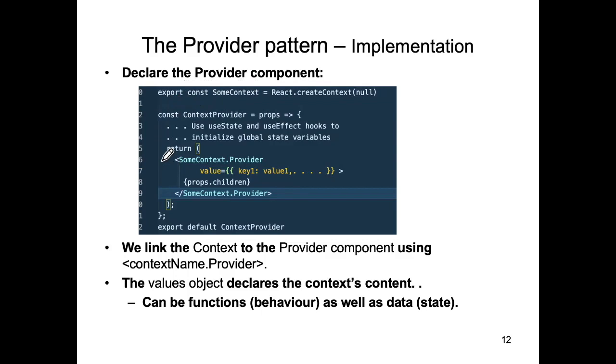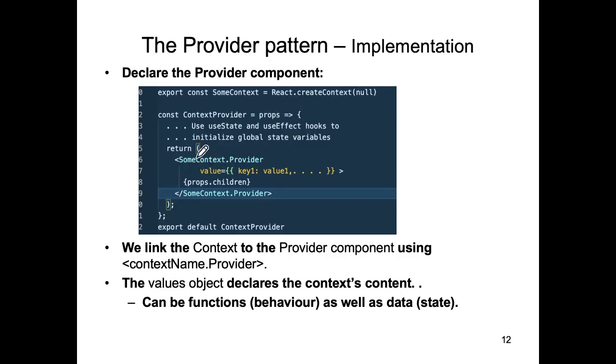Now, if we look at what the provider component returns, it's a little bit clumsy, but this is the way we have to do it anyway. Essentially, what we're returning is, you see here, I'm referring to the context.provider. So you're going to have to take this as boilerplate now, but really what I'm doing here is two things. One, I am deciding what actually goes into the context, what goes into my orange box, and that's determined by this value prop.